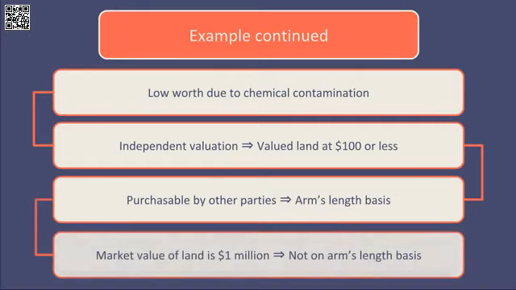What if the market value of the land was $1 million? Well, clearly the transaction was not at arm's length. When you look at situations, you have to assess if there is a related party element in the transactions.